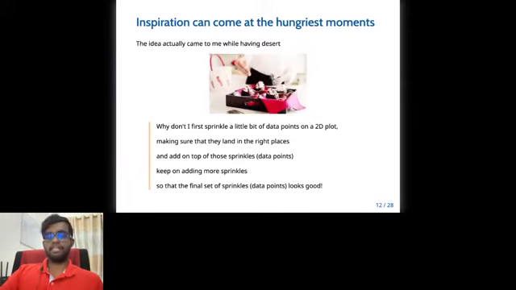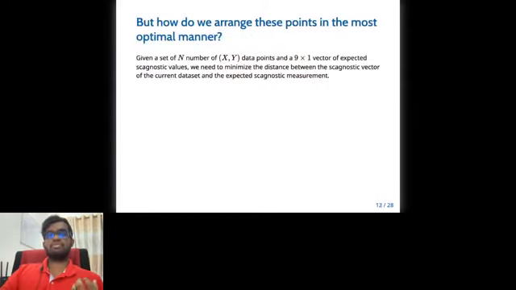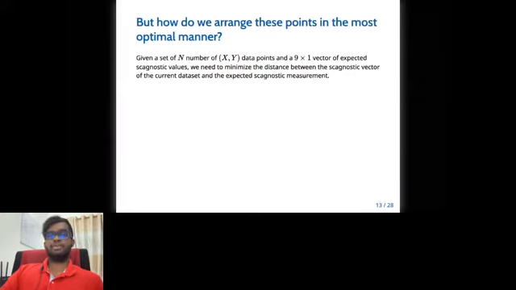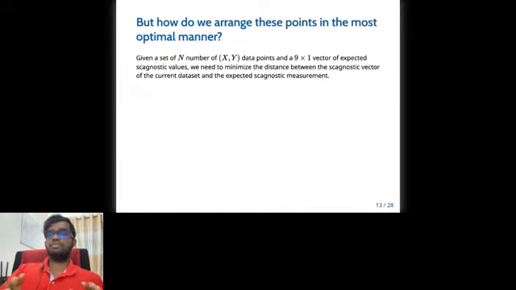but once I formulated the idea, what I wanted to find out was how I can arrange these points in the most optimal manner. And to do that, I needed to define a loss function such that when given n x and y data points and a 9x1 vector of expected diagnostic values, I could quantify the distance between this calculated diagnostic vector and the expected diagnostic measurement.